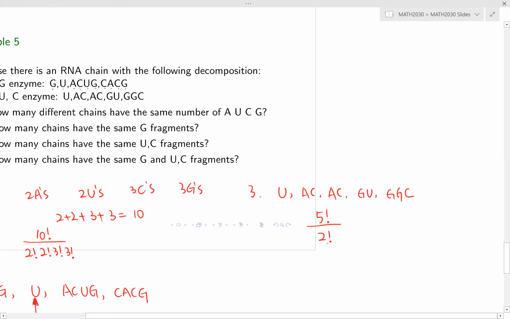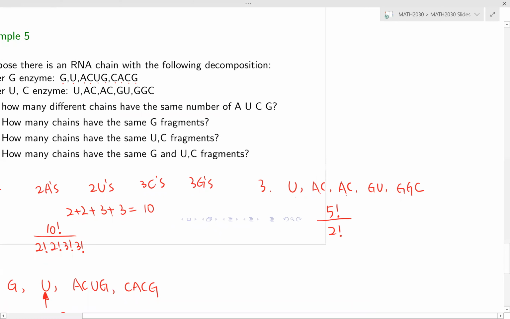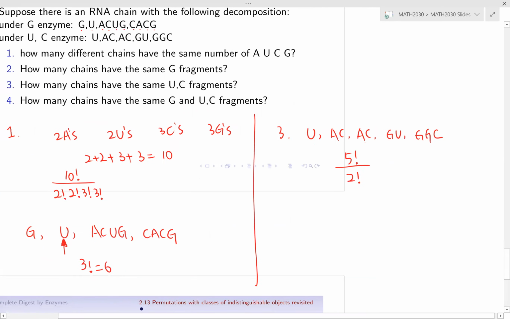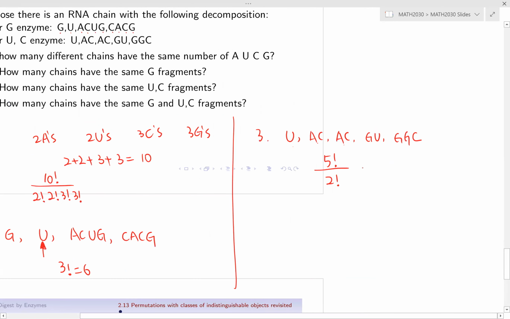Is it 5 factorial over 2 factorial here? The answer is yes, it is. Because each one of the subchains can be anywhere. They either end with U or end with C. So we don't need to worry about the case in the second part, in fact. So it's simply 5 factorial over 2 factorial. That's 60.